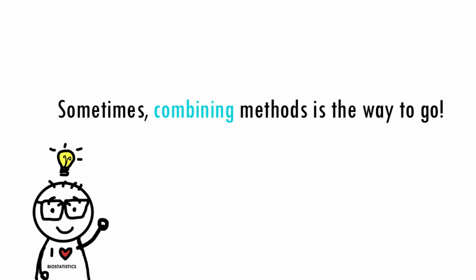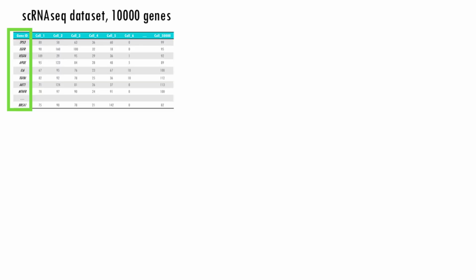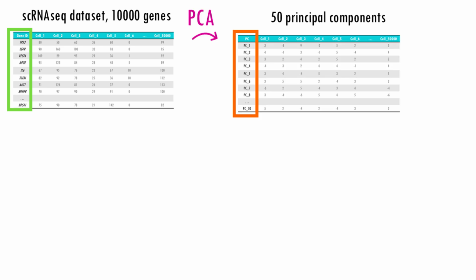One last thing before we wrap up. These methods are not exclusive. You can actually combine them. If we go back to our original example, our single-cell RNA-seq dataset, we can use a combination of these methods to visualize our dataset. For example, we might use PCA to reduce the 10,000 genes to 50 or 100 principal components, and this reduces noise in the data, selecting the most informative features or genes by summarizing them into a few dozen principal components.